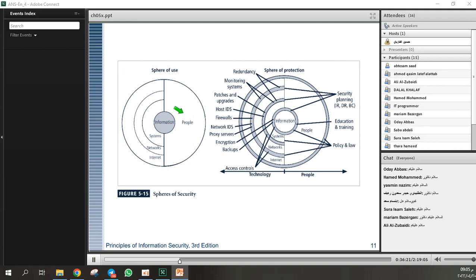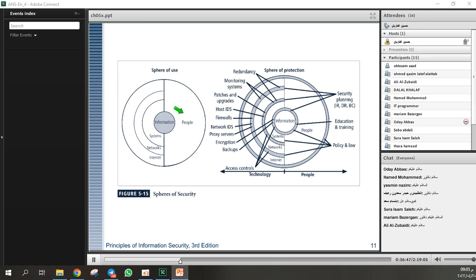And now here you can see half of security is related to people, to employees who are working inside the organization. And even if you prepare different topics, it's not important.